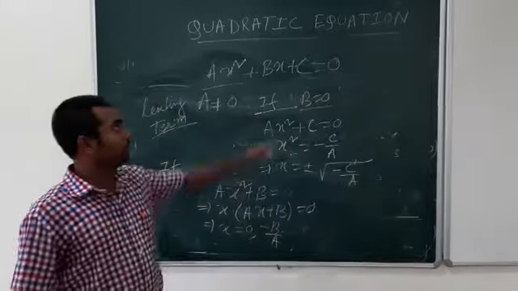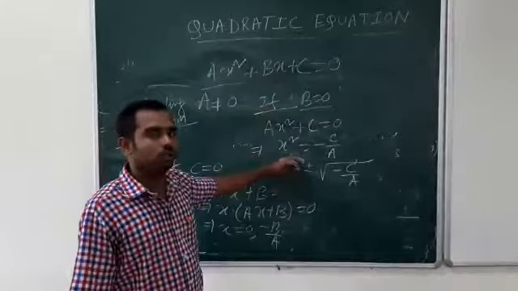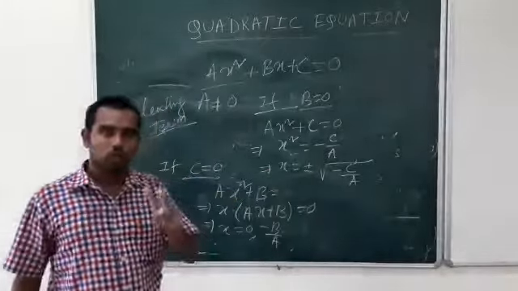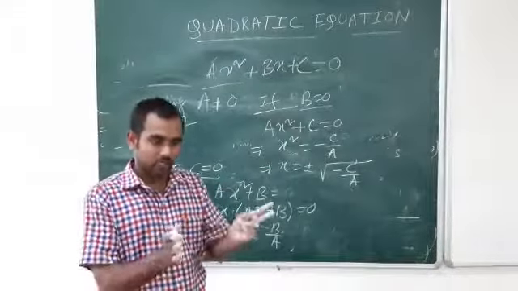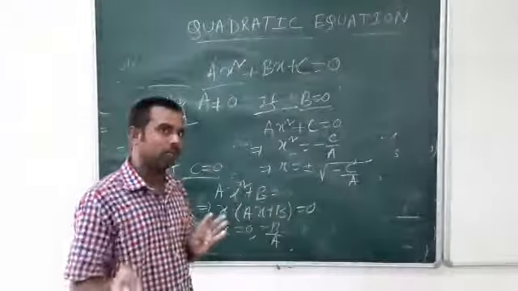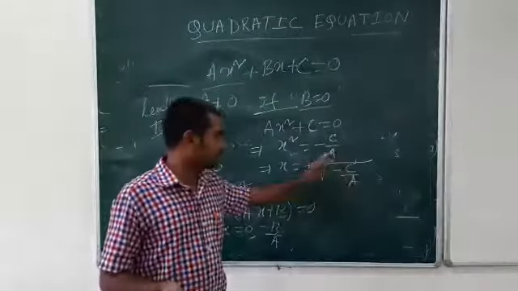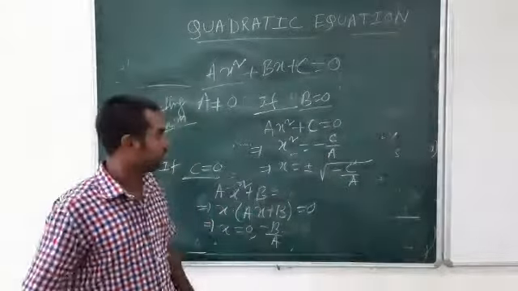So if b equal to 0, the coefficient of x is equal to 0, then we get two roots of the same number, but their signs are different. Means if one root is plus 5, then the other root is minus 5.